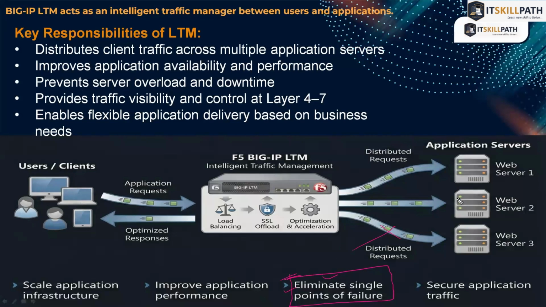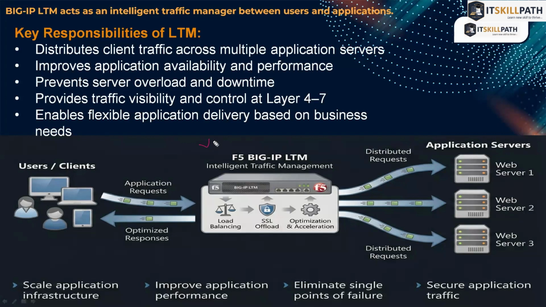We do load balancing between many servers, so if a server is down, it will not send further traffic to that server and will distribute the traffic to the other available servers. That's how we are enhancing the application, eliminating the single point of failure and securing application traffic by not exposing our backend servers directly on the internet.